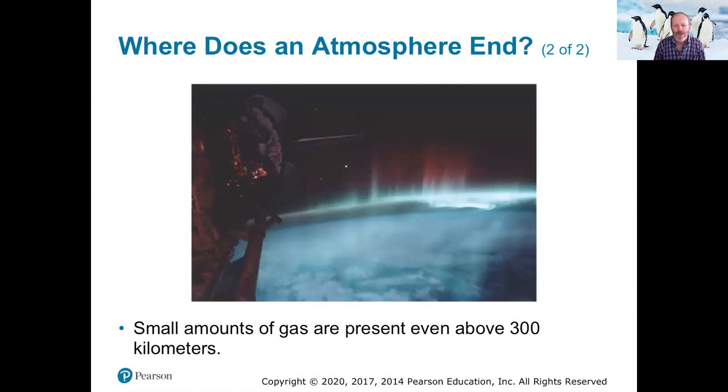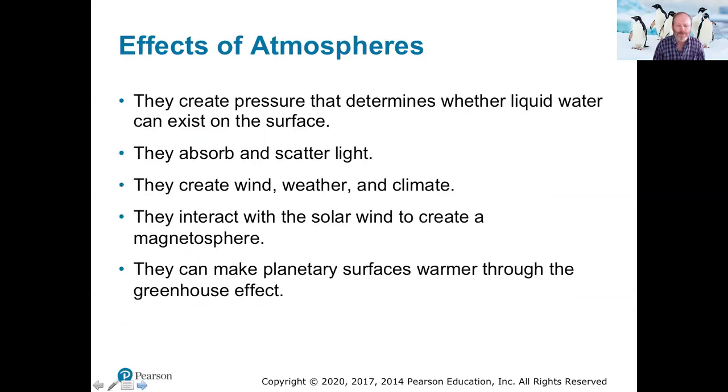And you can see it's still actually impacting a little bit, tiny amounts of atmosphere. Not nearly enough to breathe, not nearly enough to keep your body from exploding. Believe it or not, the atmospheric pressure helps keep us together along the way.